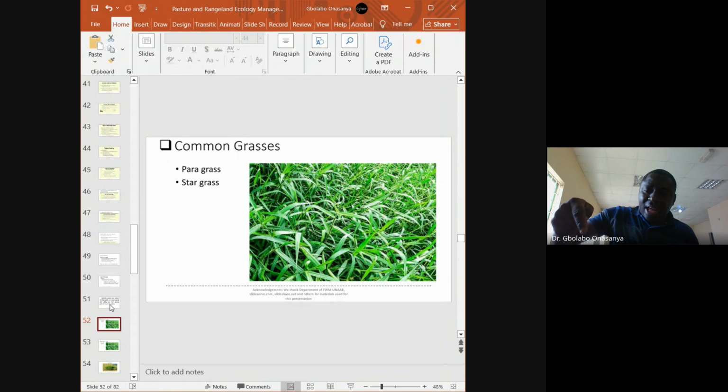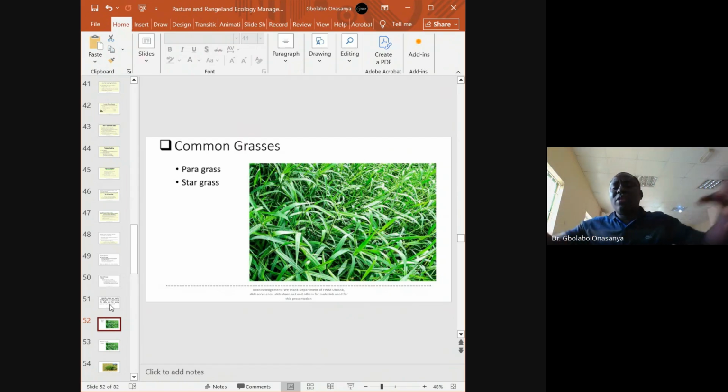Another component of pasture forage is legumes. Legumes produce protein. But legumes do not grow as rapidly as grasses grow. While grasses supply energy, legumes supply protein.